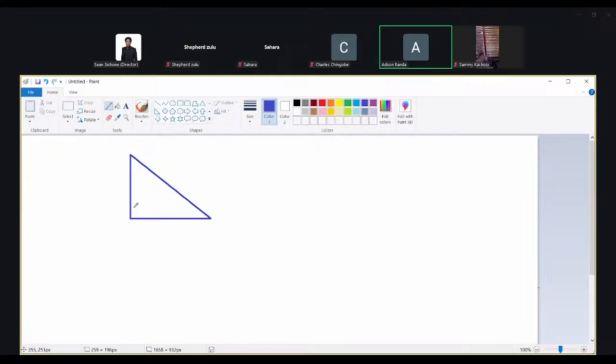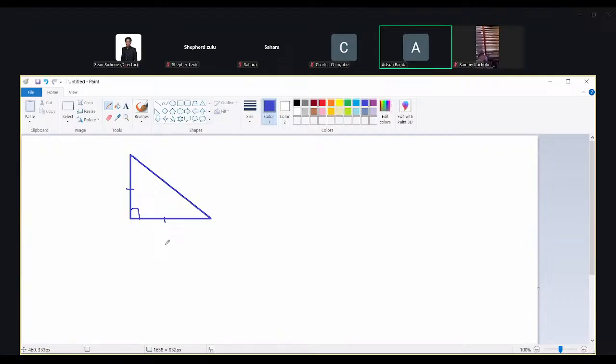I was saying that this is a right angle triangle, and it is an isosceles triangle. So two sides are equal. We have that side and that side equal, and then we have the hypotenuse.